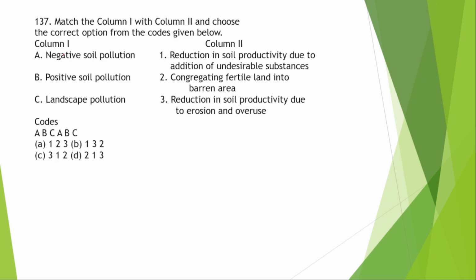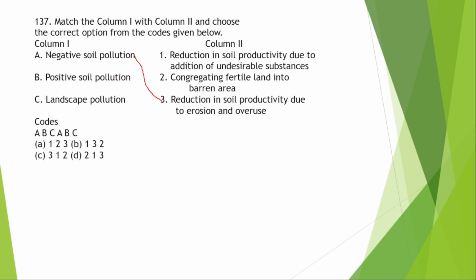Again, match the following type of question. 137. Negative soil pollution, which is reduction of soil productivity due to erosion and overuse. So A is 3.